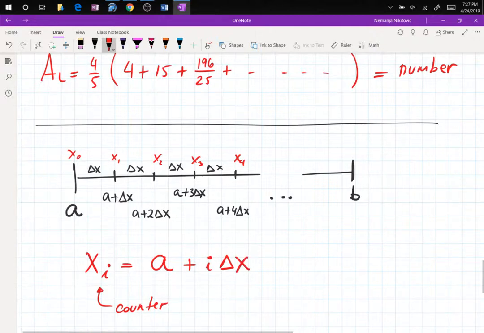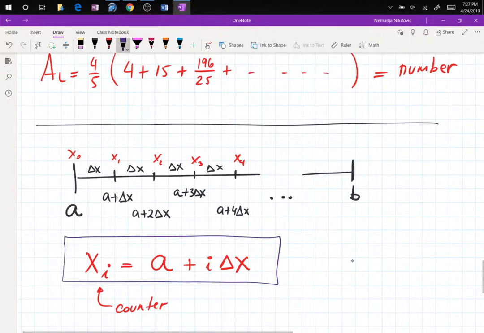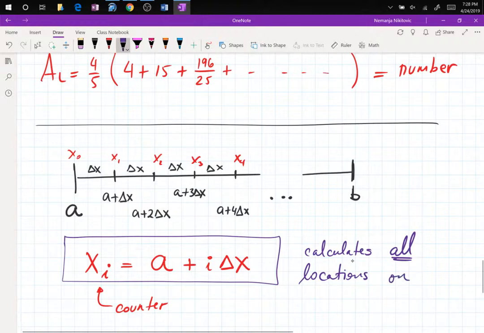We are going to use this formula after the break. It calculates all locations on the number line for the partition, yes.